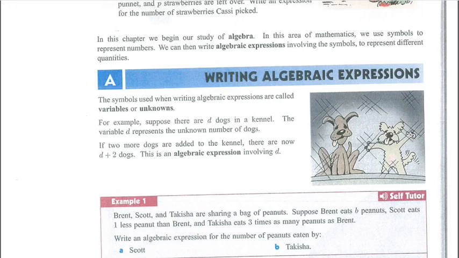So look at example 1. It says, Brent, Scott, and Takesha are sharing a bag of peanuts. Suppose that Brent eats B peanuts. Why do you think they use B for his? What's his name? So they use B because it's Brent. So he ate B peanuts.